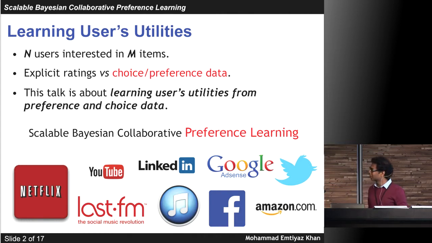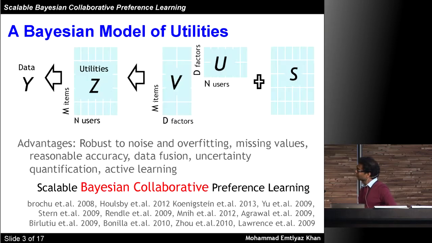Many big names are interested in this, and I've listed some of them here. To learn in such a recommendation system, Bayesian models have been very popular. And the Bayesian models that employ a low-rank term plus some regression terms have been extensively used in the literature.